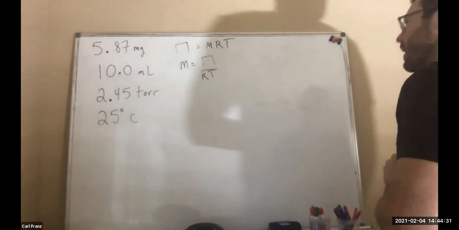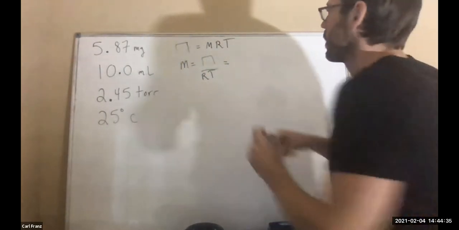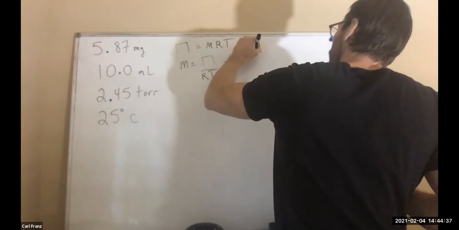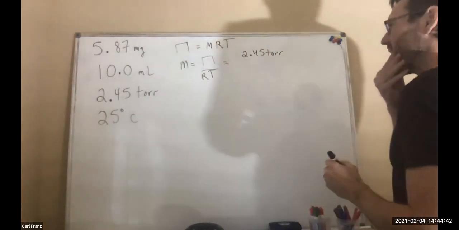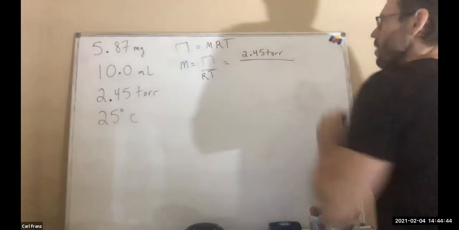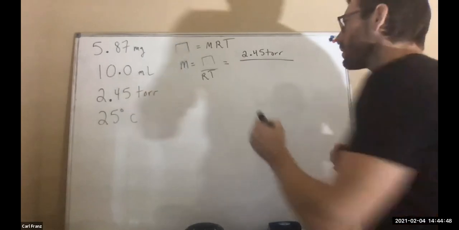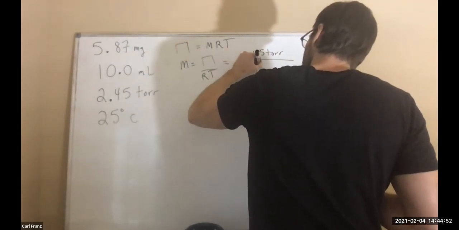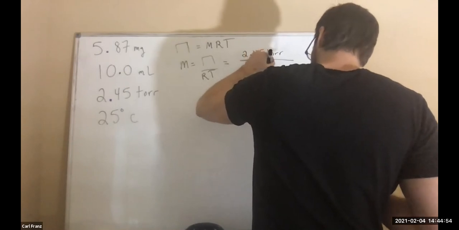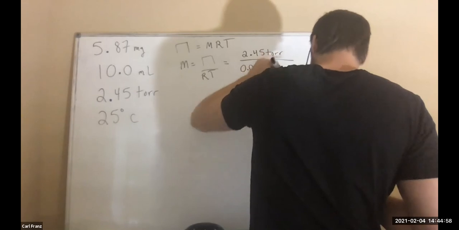Okay. And so what is our osmotic pressure? 2.45 torr. Okay. What is our gas law constant? 0.0826 liters atmospheres per mole K, right?